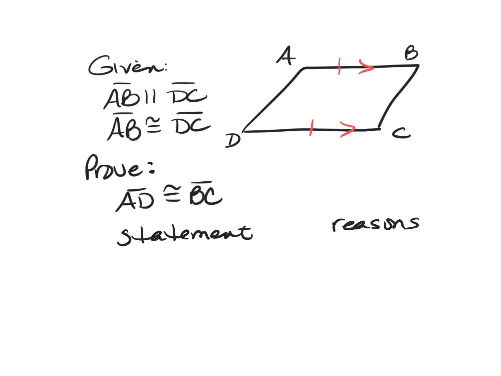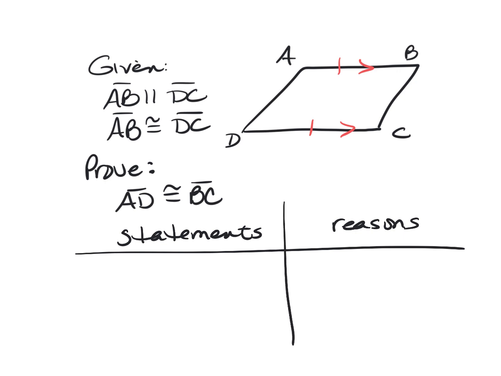But if you think about it, once you show that something's a parallelogram, then you can bring in the theorems that we learned yesterday. So let's state the given. AB parallel to DC and AB congruent to DC, and that's given.